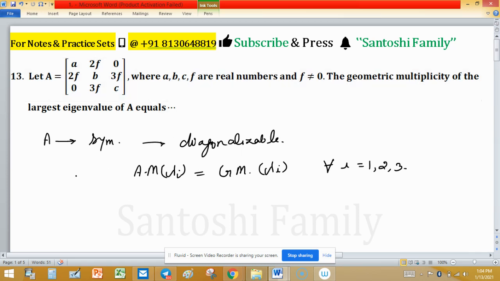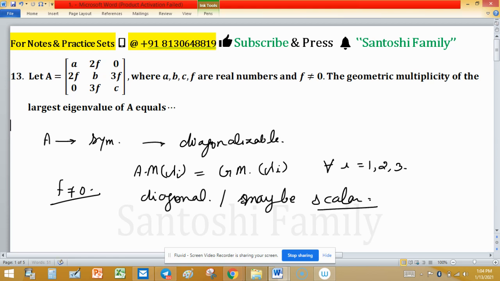Also, f is not equal to 0. If f equals 0, then this matrix will be a scalar matrix or, more generally, a diagonal matrix, and the problem would be of a very simple kind.